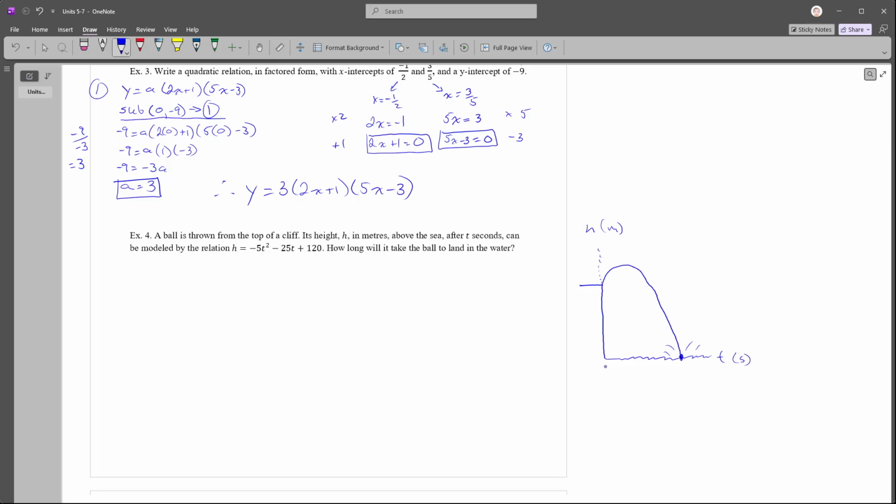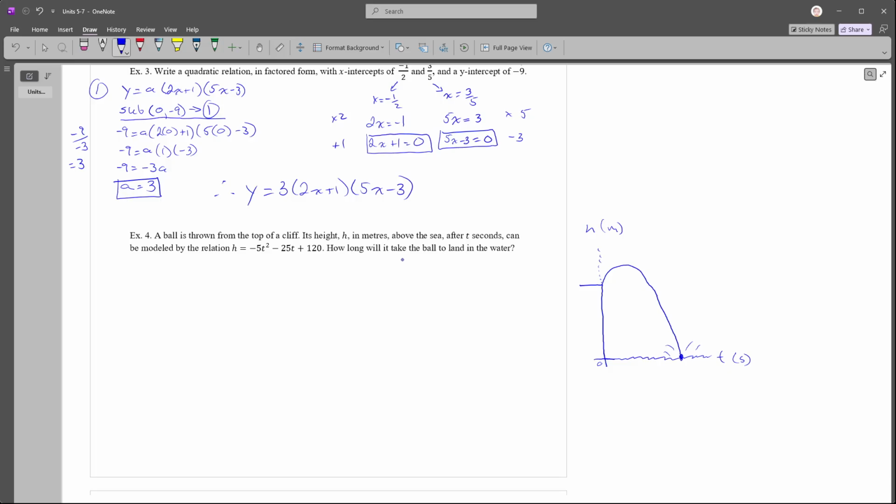Okay. So if you think about what this is, this is really just a graph. There's 0, 0 down there. Now it says that this whole thing can be modeled by the relation h is equal to negative 5t squared minus 25t plus 120. How long will it take for the ball to land in the water?